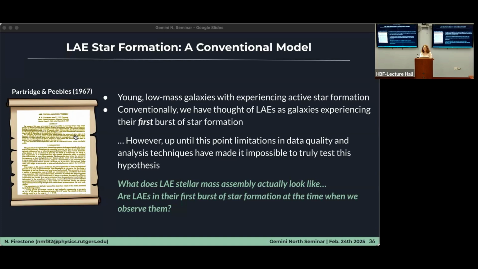This may seem like somewhat of an existential question, but considering LAEs are often used for understanding galaxy formation and evolution, if we don't understand what precise stage of galaxy formation and evolution LAEs correspond to, it's hard to make definitive conclusions about that. And understanding the answers to these questions also helps us to better understand the radiative transfer in LAEs.